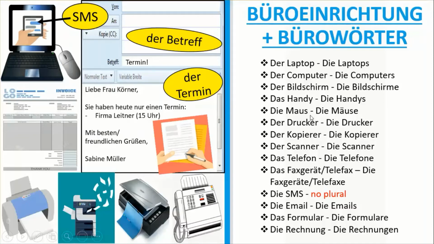Die Maus, singular, die Mäuse, plural, refers to the mouse device, but also to the animal mouse. So like in English, we have the mouse, which refers to the device and the animal. In the same way we have in German the Maus referring to the device and the animal.